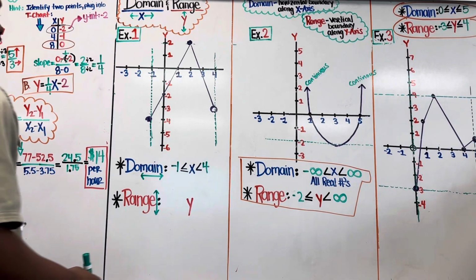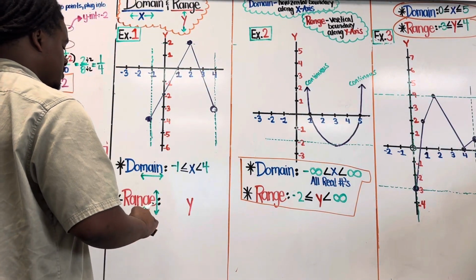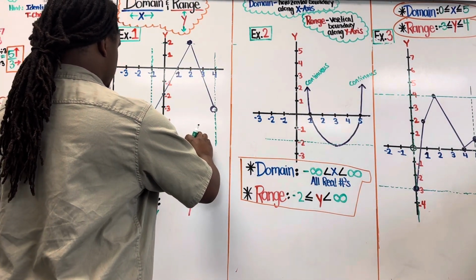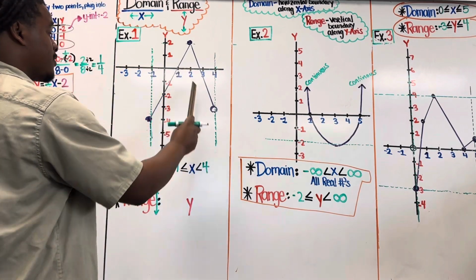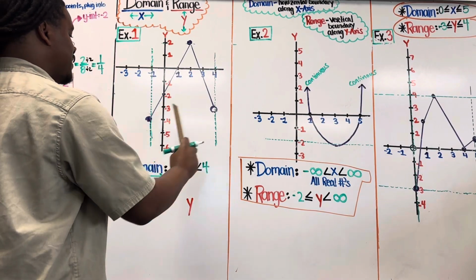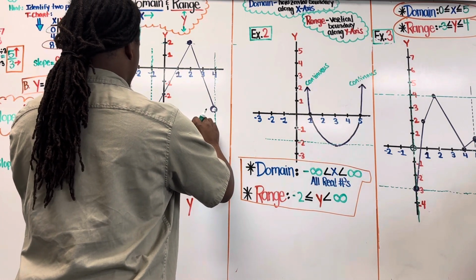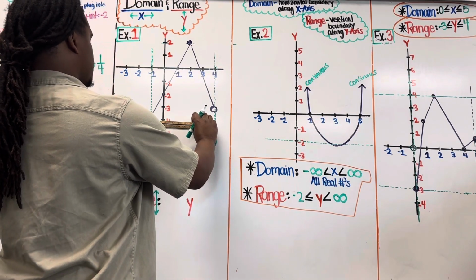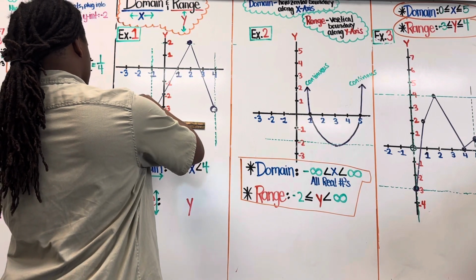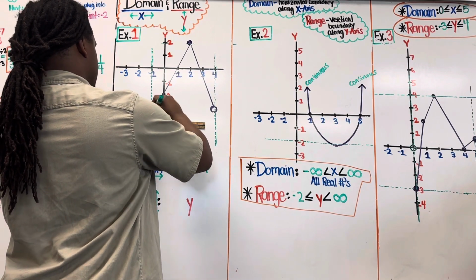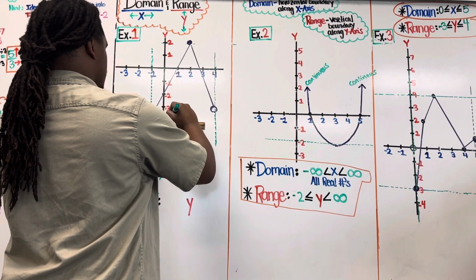So we're going to start off by trying to find out what is the lowest value that y could possibly be, right? And because this function doesn't have arrows, it's not continuous, okay? So as I move up and I stop right here at the lowest point, the lowest y value that y could possibly be is -4.